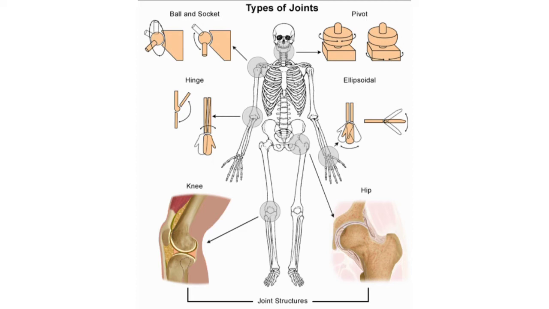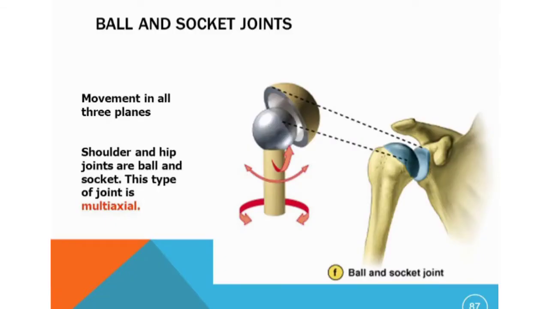What are the types of joints? Ball and socket joint, gliding joint, hinge joint, pivot joint and saddle joint. First one is ball and socket joint.